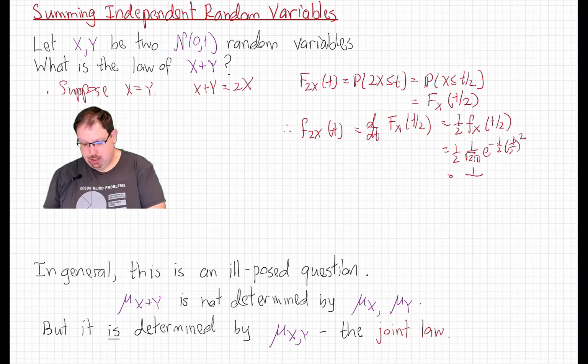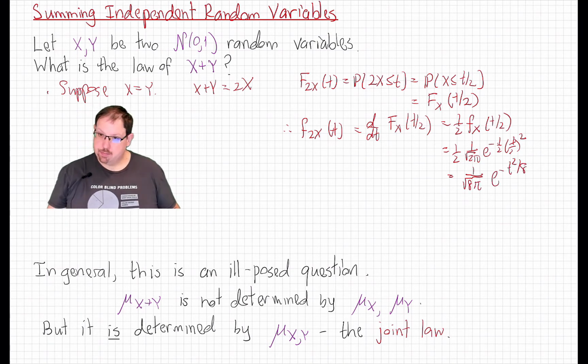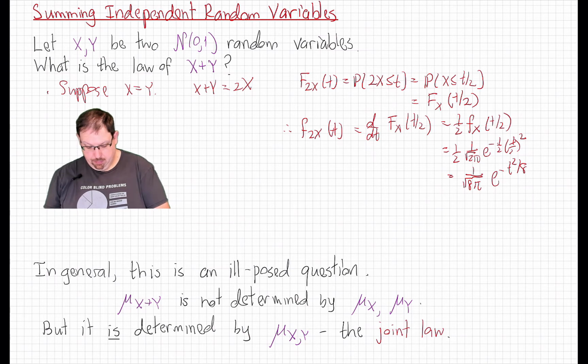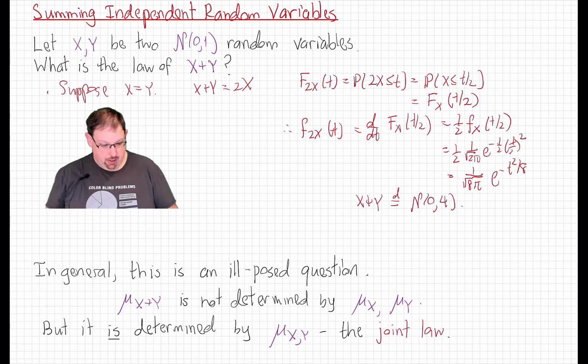In other words, it's 1 over root 8 pi, e to the minus t squared over 8. And that is the density of a normal of variance 4. So here we have that X plus Y is equal in distribution to a normal of variance 4.